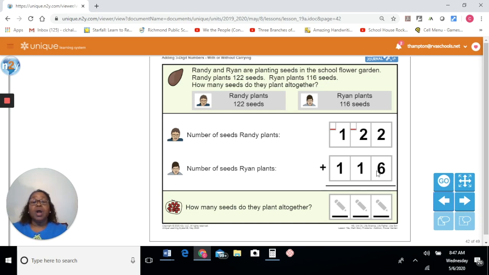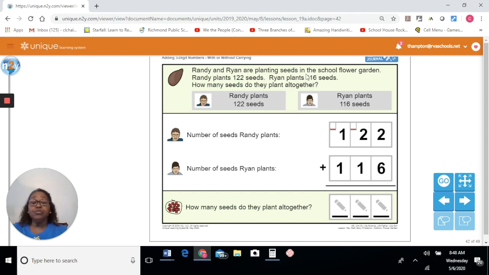So Randy plants 122 seeds. Ryan plants 116 seeds. How many seeds do they plant altogether? So in this problem, the word that is important that helps us to know what the operation will be is the word altogether.